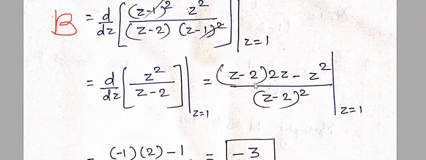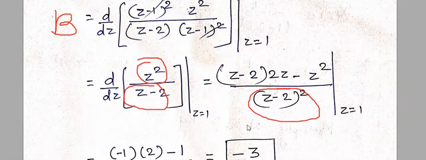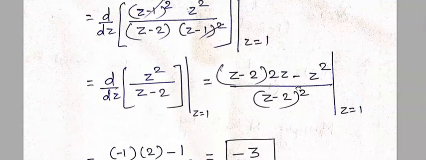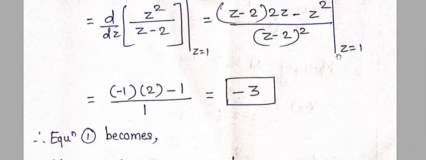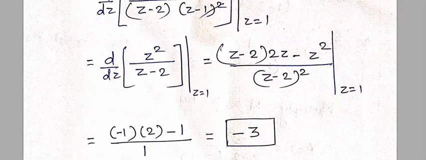So v, that is z minus 2, into 2z, that is the derivative of z square, minus z square, and derivative of z minus 2 is 1, divided by z minus 2 square. After this, just put the value z equal to 1 in the entire equation which we got.